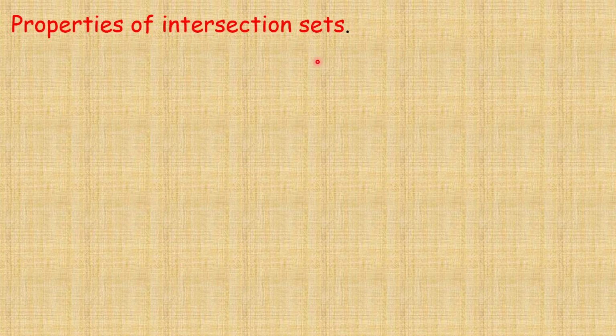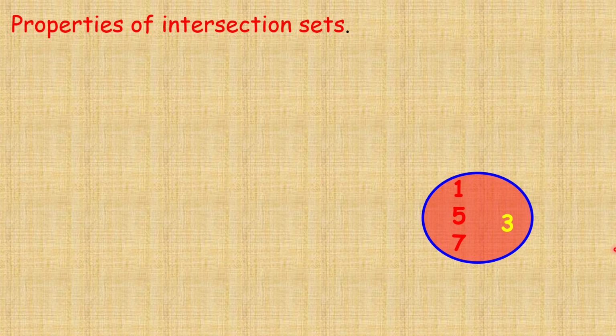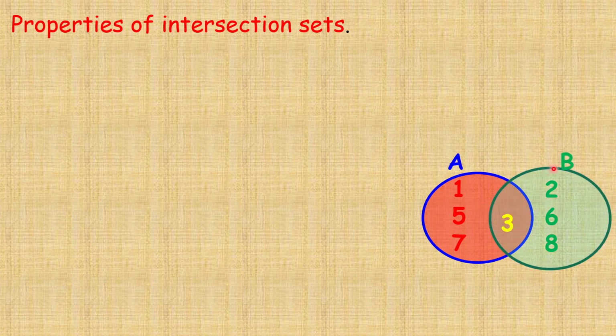Properties of intersection of sets. First property. Here set A is given. Elements of set A are 1, 3, 5, 7. Set B is given. The elements of set B are 2, 3, 6, 8. In set A and in set B, the element 3 is a common element.